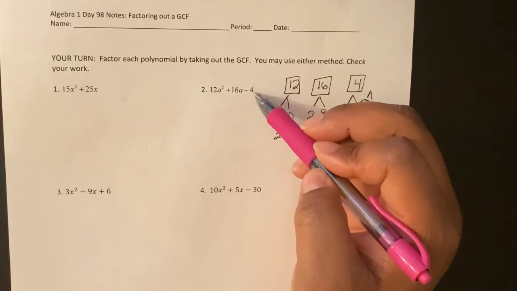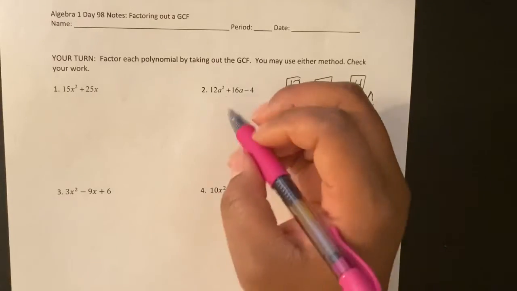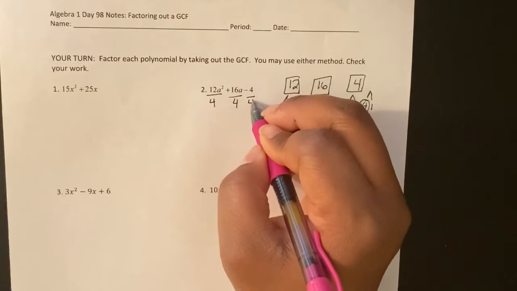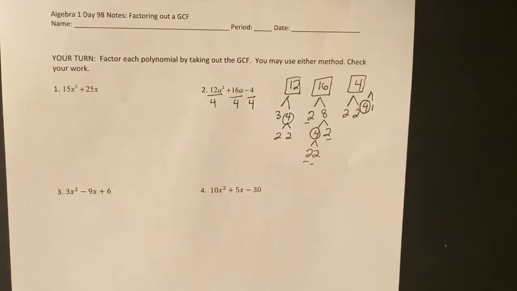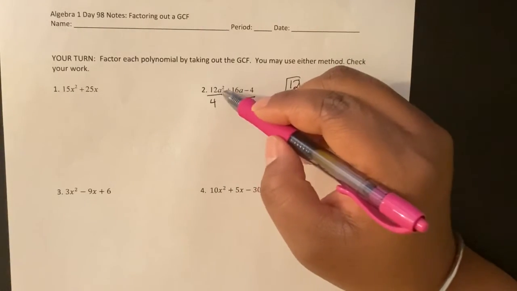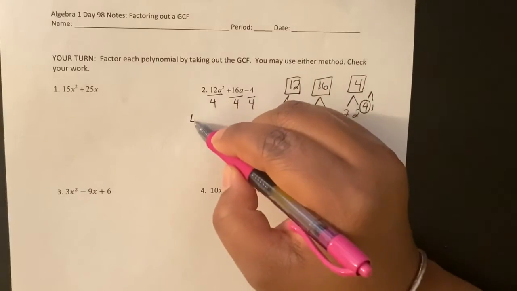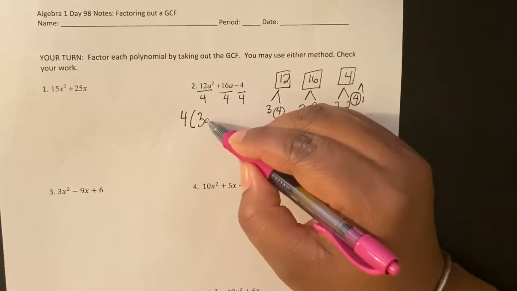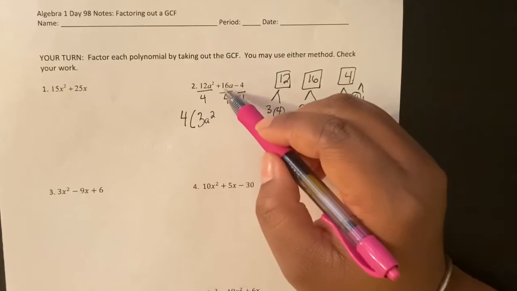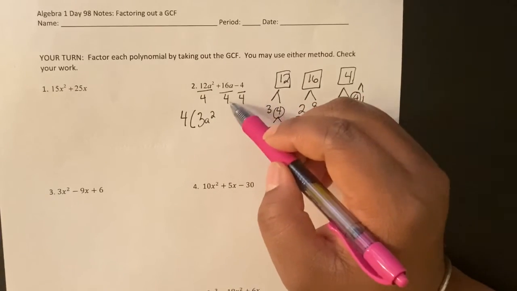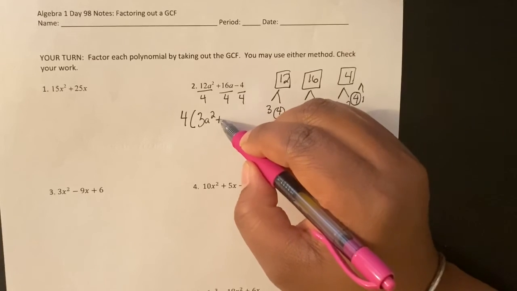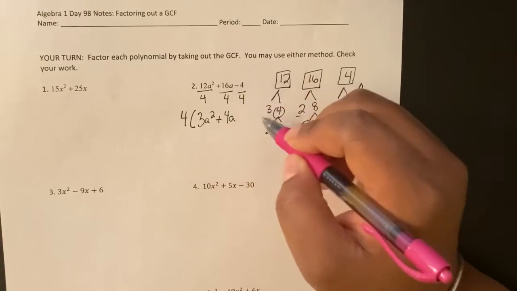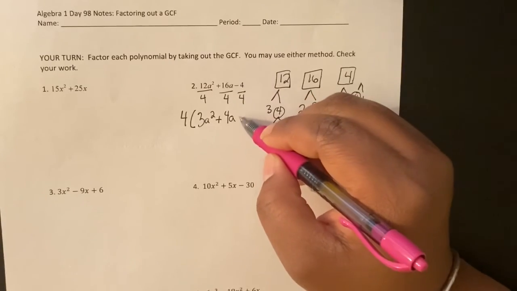Okay, this does not have any a's, so therefore they have no a's in common. So the GCF would have to be 4. 12a squared divided by 4, put 4 on the outside as the GCF. That gives us 3a squared left. 16a divided by 4 gives us 4a left because the a is not being divided by anything. And then negative 4 divided by 4 would give us negative 1.